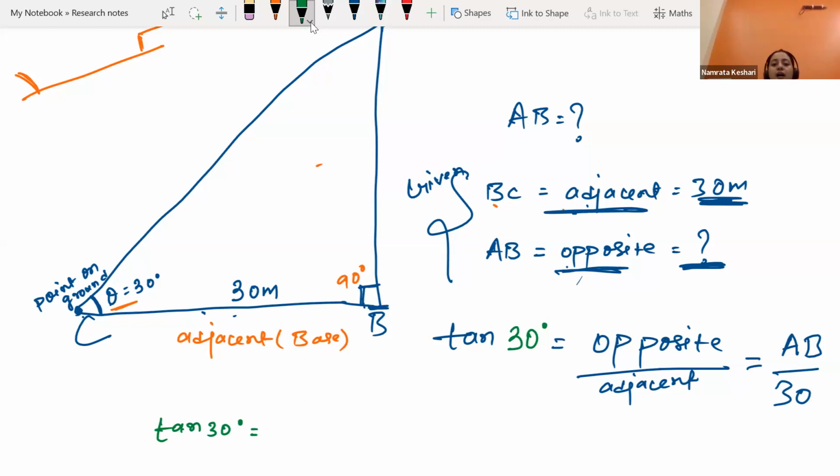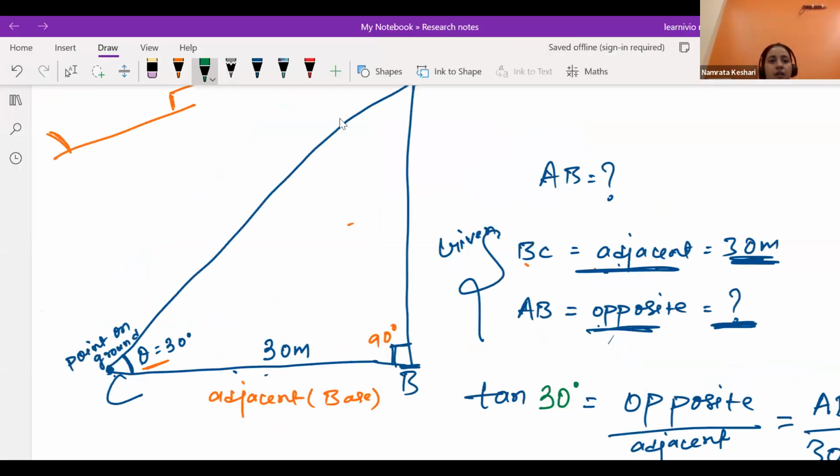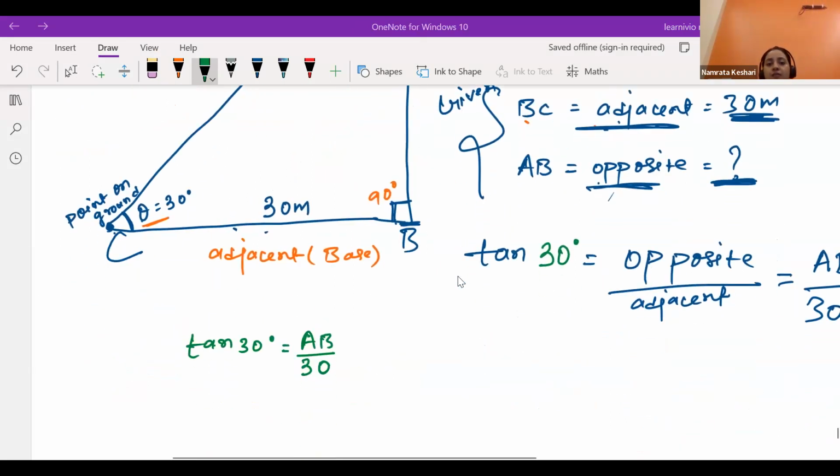Are you getting it, Arish? Everyone, rest of the students, Abdul, Ifra, Sunad, Afnan, are you getting it? Yes.